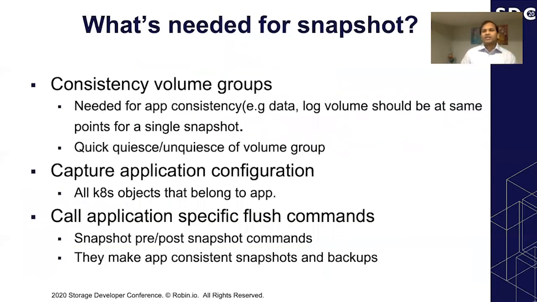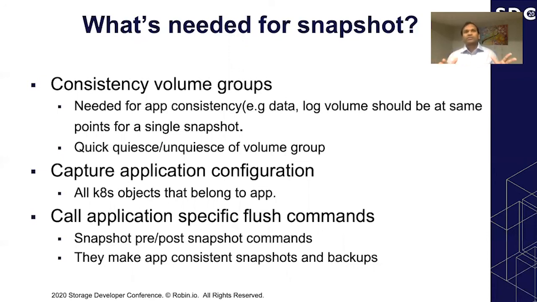So what is needed for even taking the snapshot of this cloud native application? The first thing is having consistent volume groups. Basically, there are multiple volumes being used on multiple nodes. They need to form a consistent volume group, and when you take a snapshot, they need to be snapshotted at one single point in time. Otherwise, they are not consistent, and the application may not come up if you are rolling back to that particular snapshot.